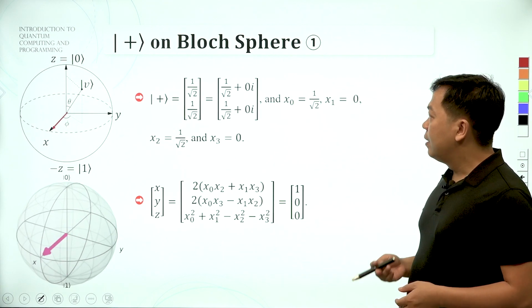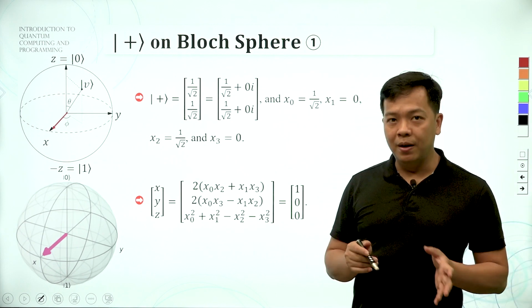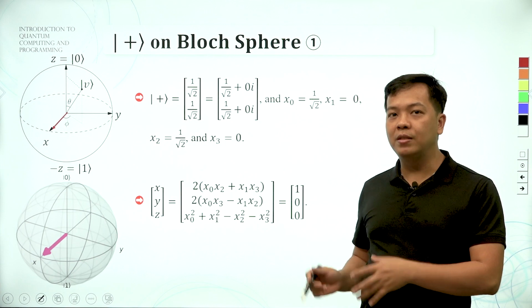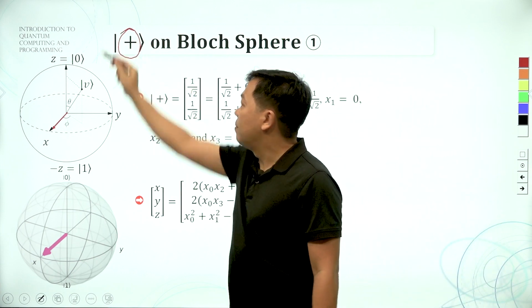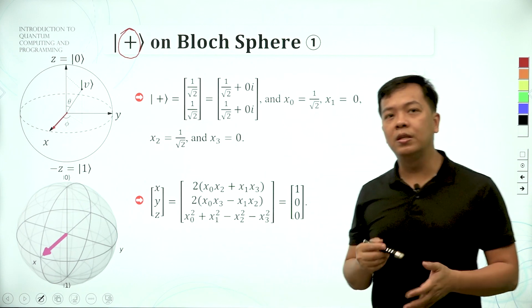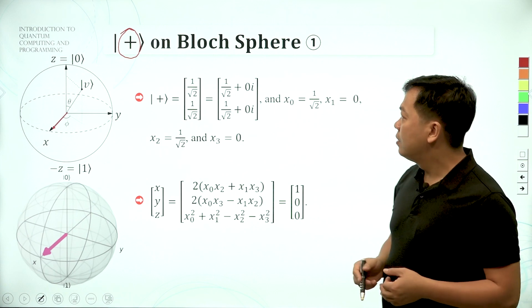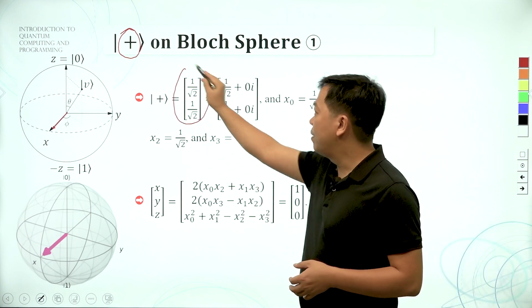Then we have the other part, the positive quantum bit, called the plus symbol. Similarly for the positive, we have this value from the previous lesson.